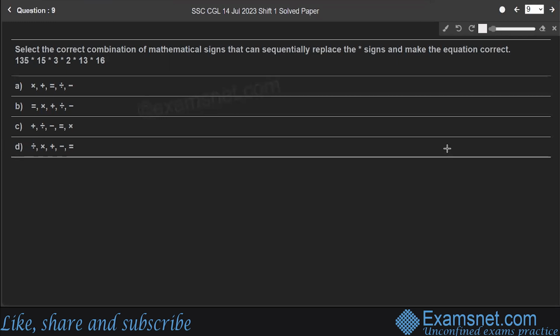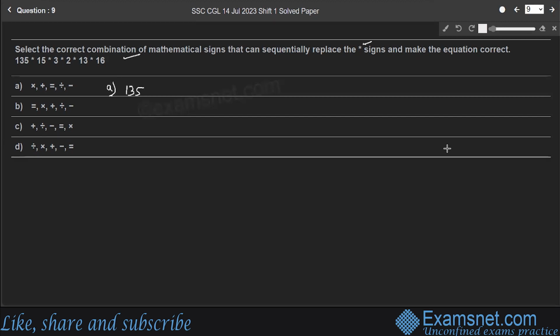Question number 9. Select the correct combination of mathematical signs that can sequentially replace the asterisk signs and make the equation correct. So here is the given expression, right? Let us consider option A. In place of these asterisk signs, if we place options A, B, C, D, which one gives the correct mathematical equation? So here, first one, 135.